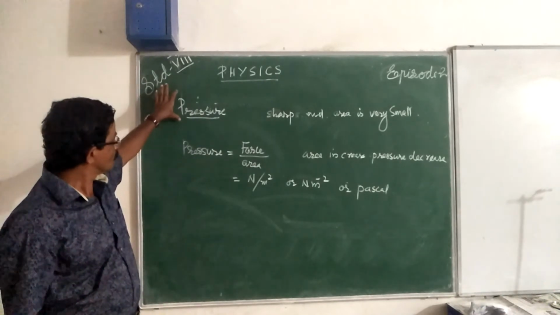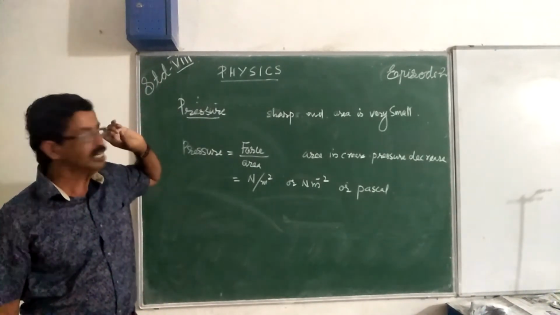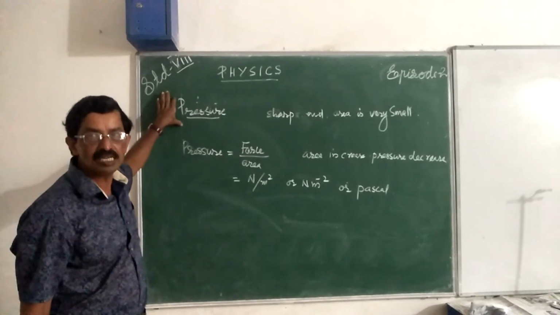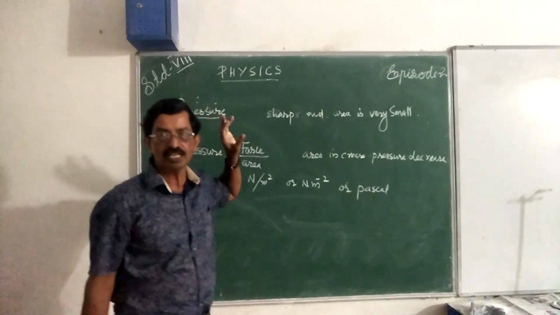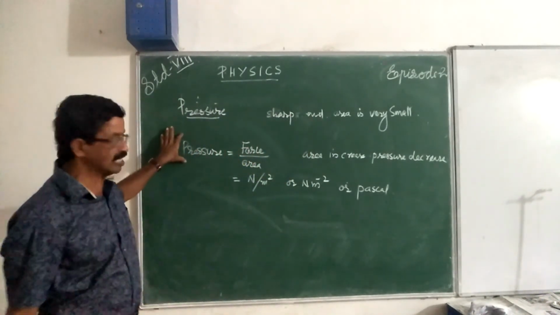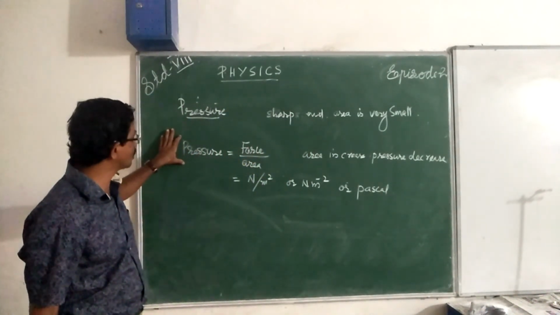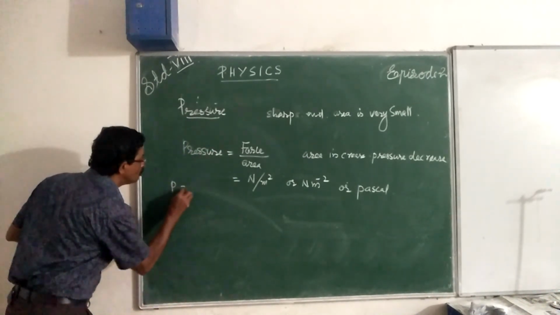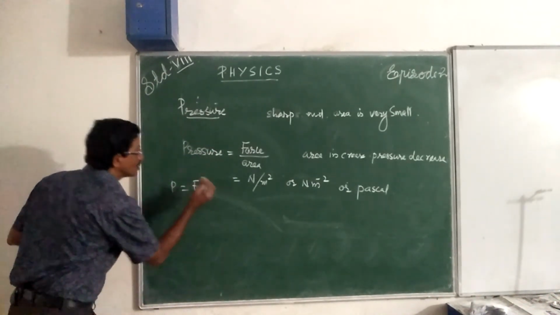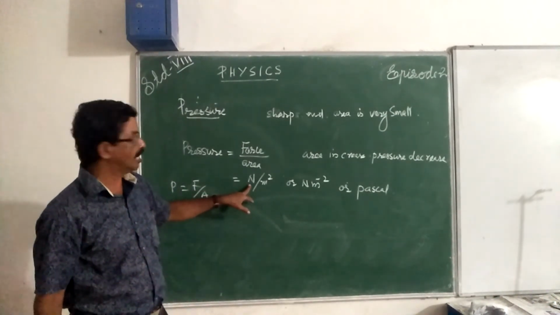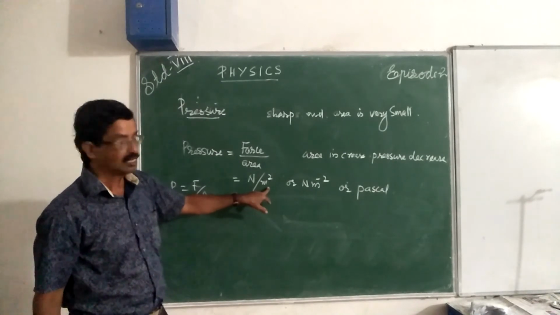So what are the things you want to remember about pressure? Pressure is the force acting over a unit area. Hence, in mathematical representation, we can write pressure is equal to force by area, or P is equal to F by A. Here the unit of force is Newton and of area is meter square.